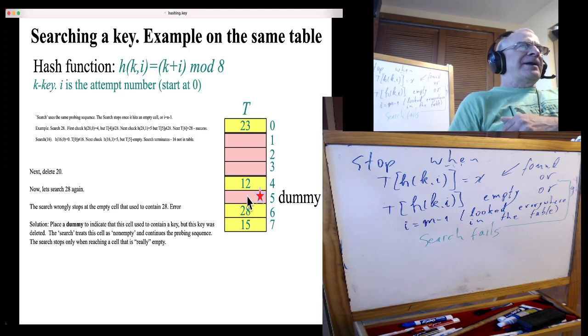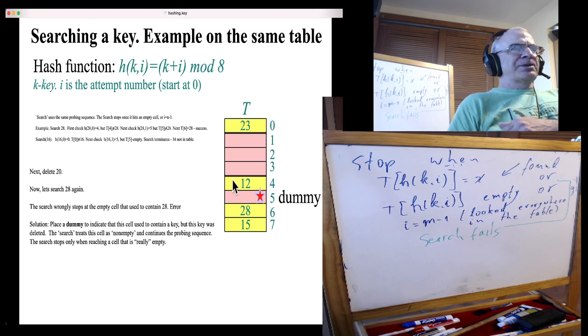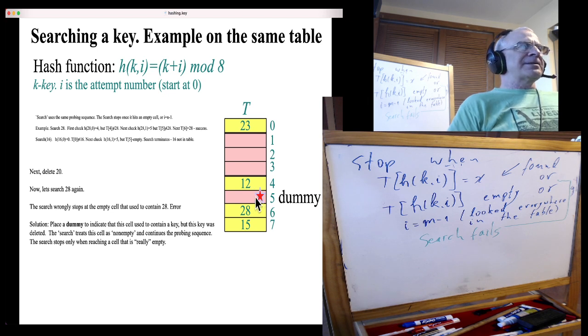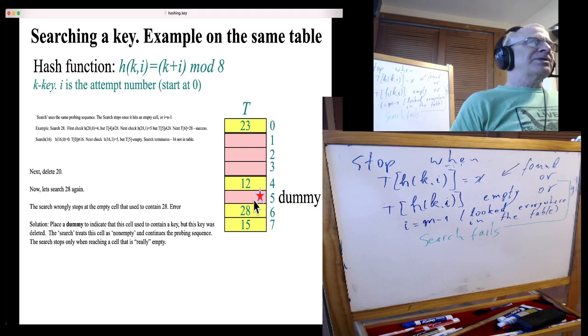Meaning that if I'm searching now for 28, then my search path would start at cell 4, occupied. Dummy for the search purposes is considered as occupied. So continue your search. Okay, so the cell is occupied for search purposes.